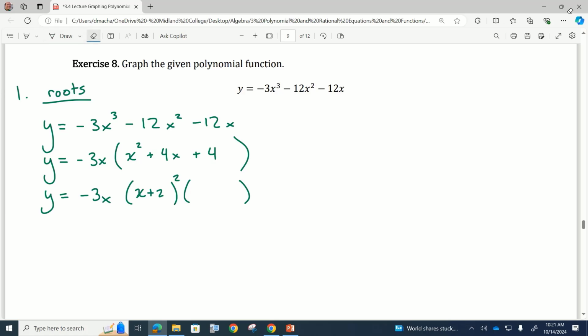Or I could write x plus 2 squared. And so that tells me that my x-intercepts, aka my roots, occur at 0 and negative 2. And these roots have corresponding multiplicities of 1 and 2.